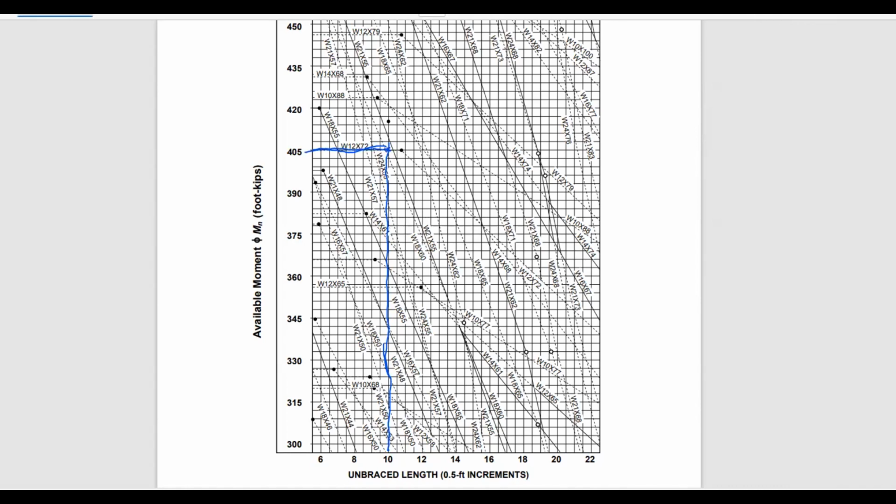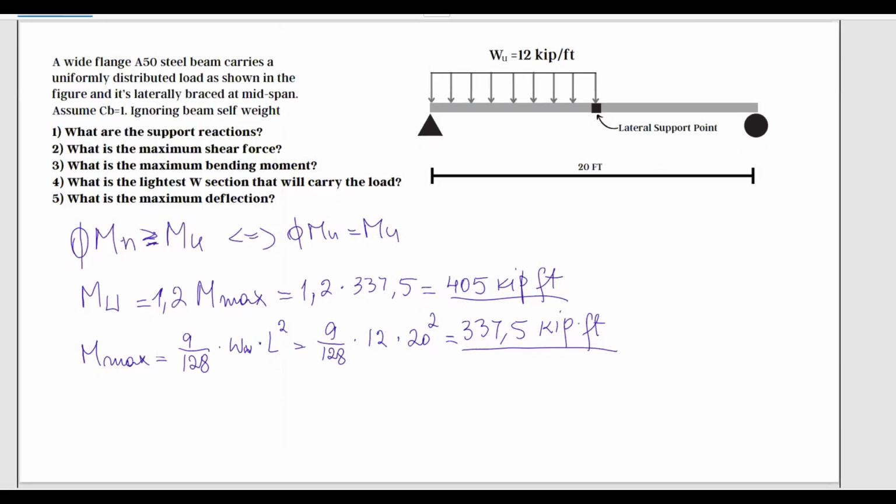I'm at this point. Now I need a beam from this point upwards, because I need a beam that can support this load and more, at least 405. The next straight line here is this one over here. So we have W21x55. The wide flange beam able to carry this load is W21x55.